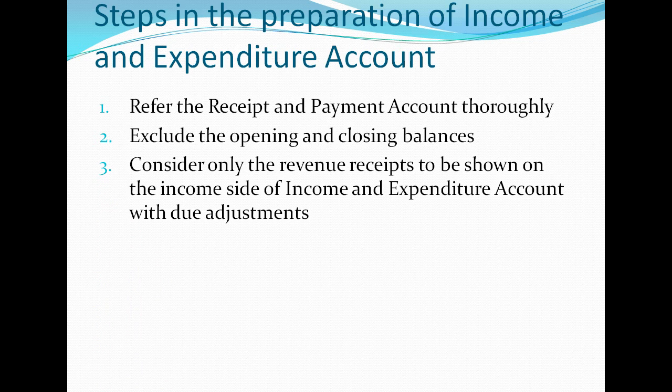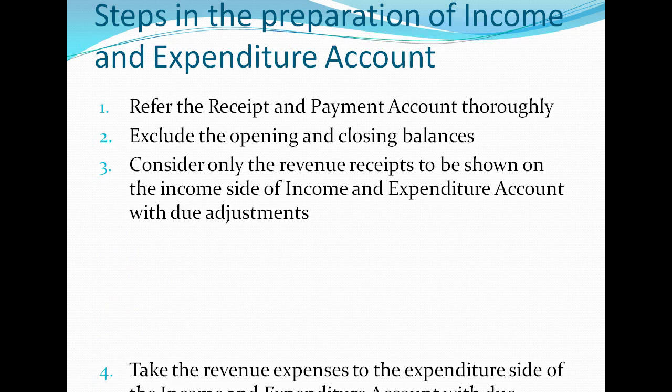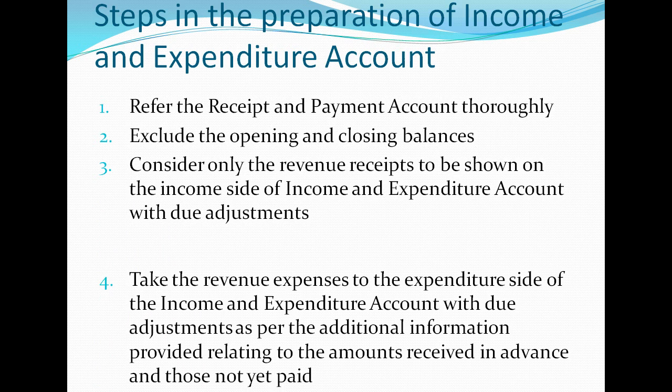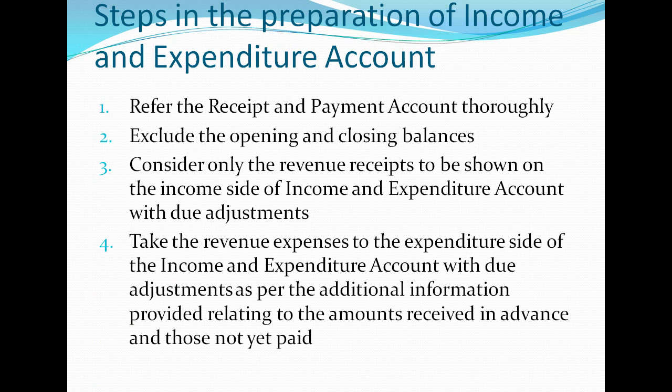Consider only the revenue receipts, to be shown on the income side of income and expenditure account after making all the adjustments. Take only the revenue expenses to the expenditure side after making all the adjustments as per the additional information provided relating to the amounts received in advance and those not yet paid.